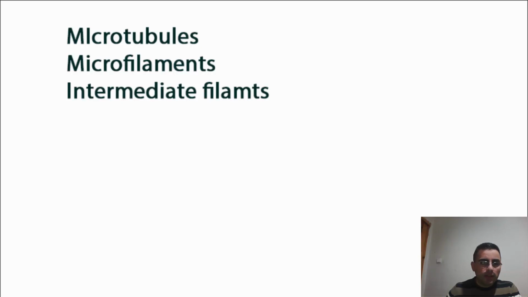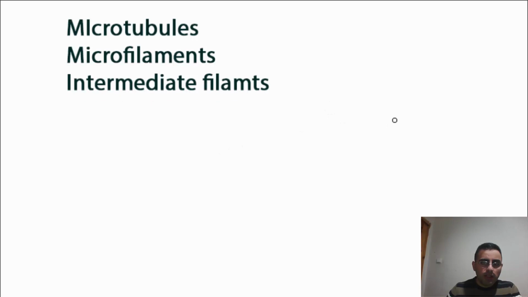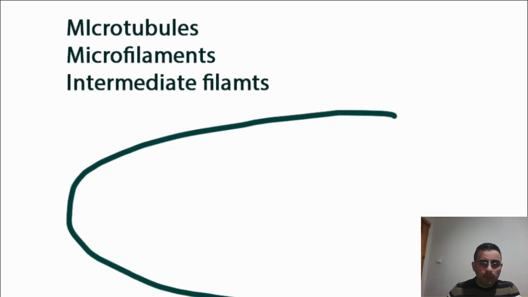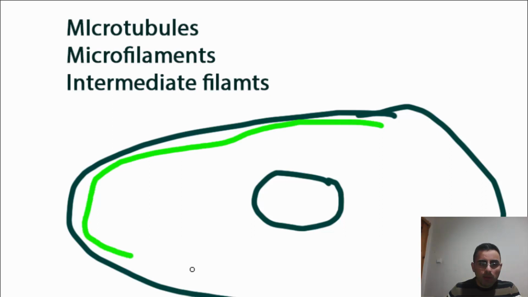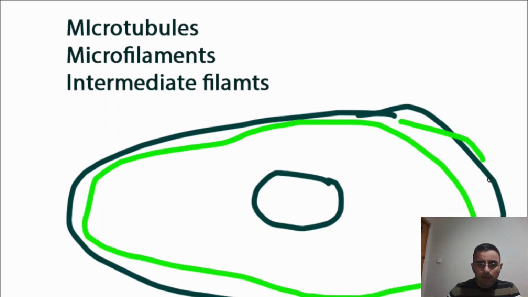If we imagine a cell, let's paint the cell. Here is the nucleus. In green I will paint microfilaments. Microfilaments are located on the periphery of the cell, inside the cell, not outside the cell.